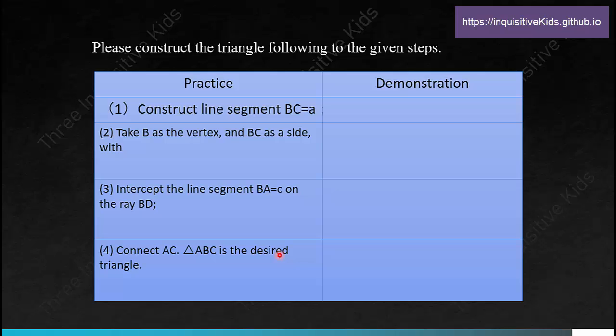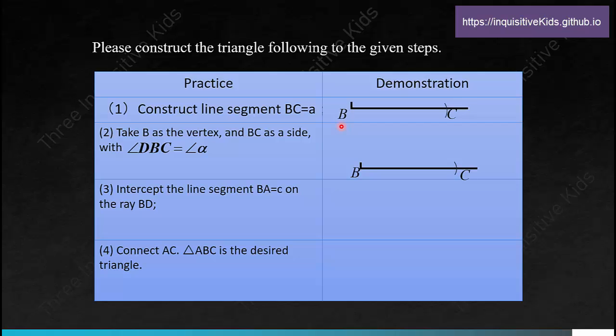First, construct line segment BC is equal to A. So out of the original line segment A, I want you to construct an equal line segment called BC. So here's a demonstration. I want you to just draw a line segment BC that's equal to A, just anywhere on the piece of paper.